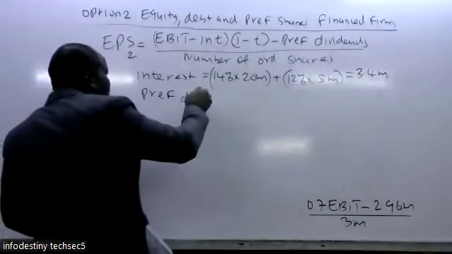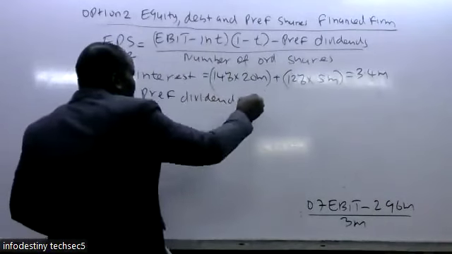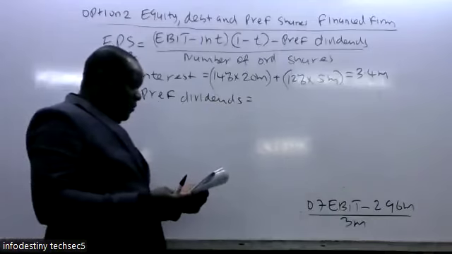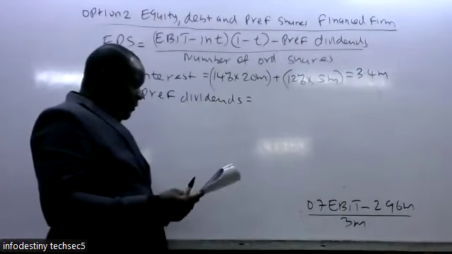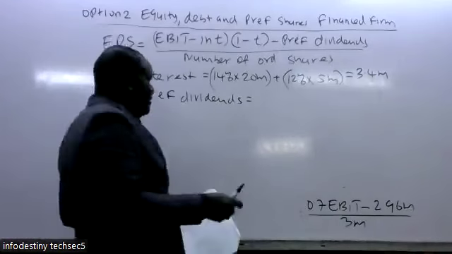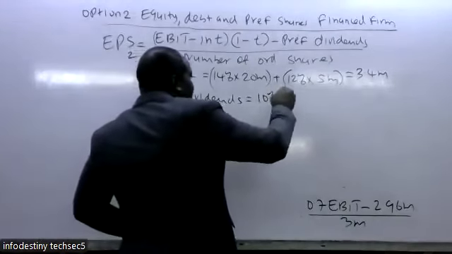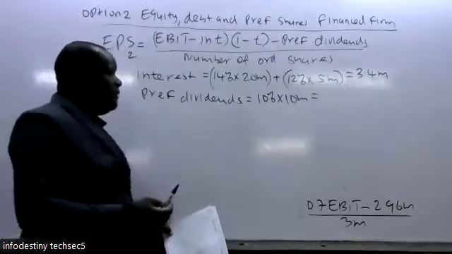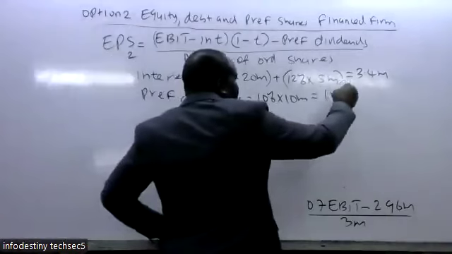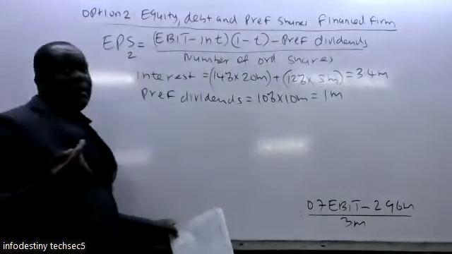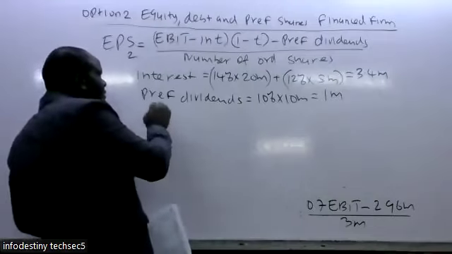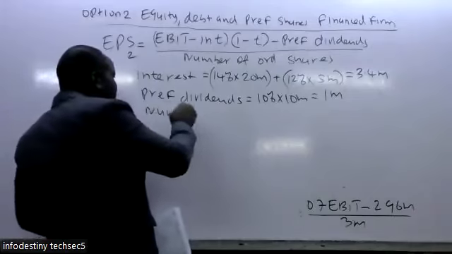Then the other item is the preference dividends. These ones are not affected. Preference dividends are not affected. So we shall simply come up with what was there as 10% of the 10 million. Remember it was how much? That one has not been affected. Then the next one is now the number of ordinary shares.